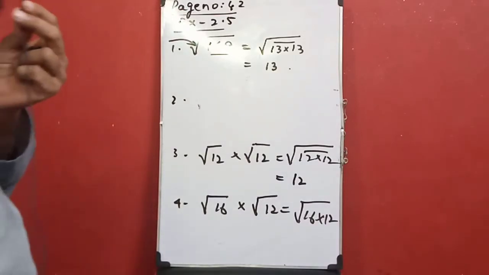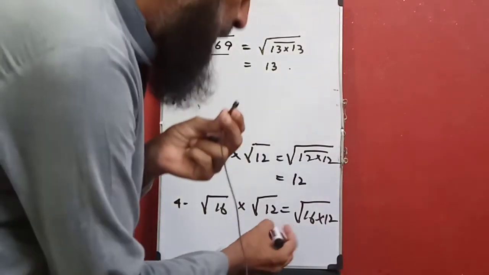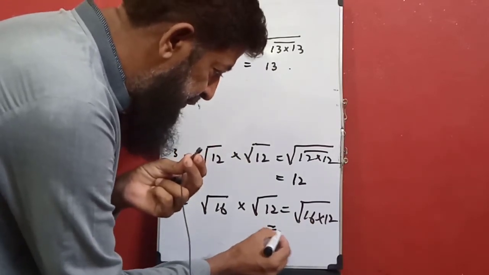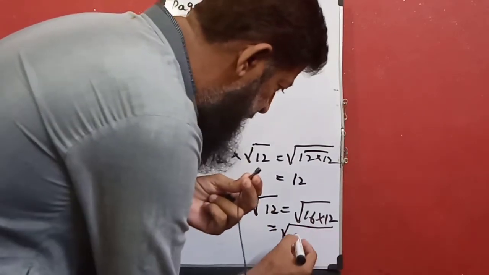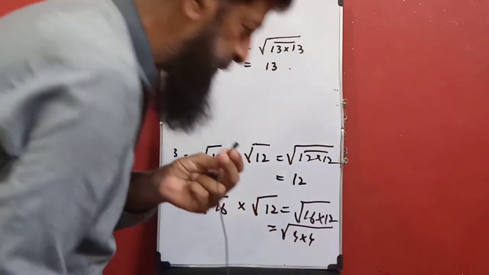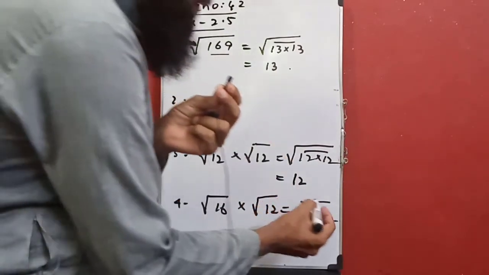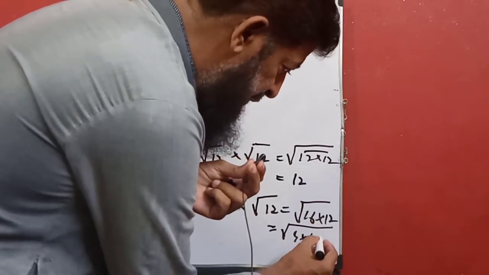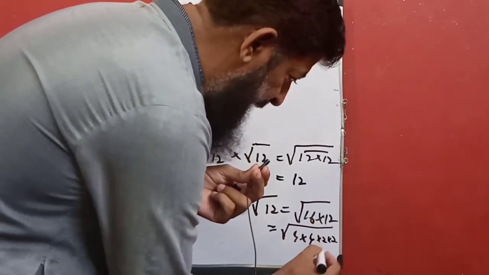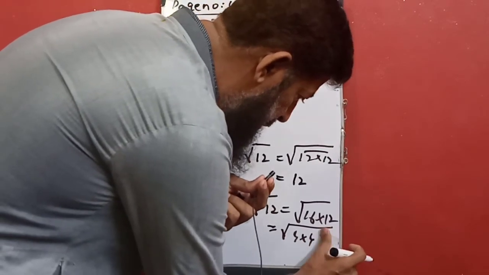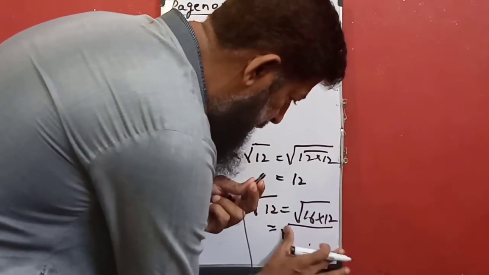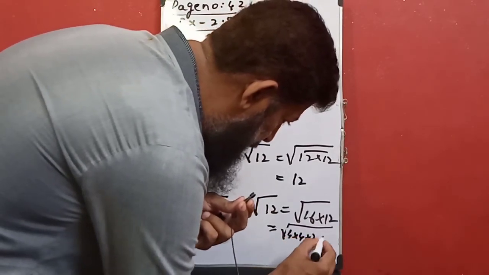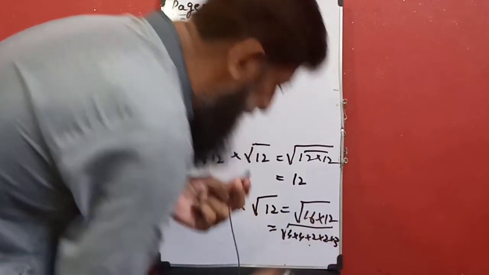And in the next step, we make the factors of 16, as we know that 4 4s are 16. And again we write the factors of 12: 2 multiplied by 2 multiplied by 3.